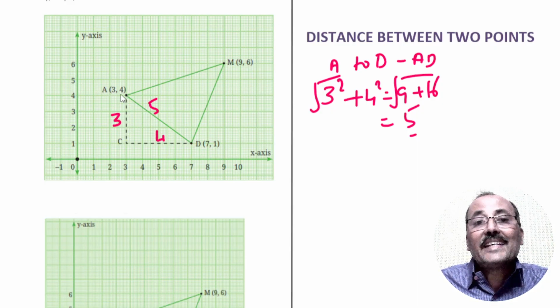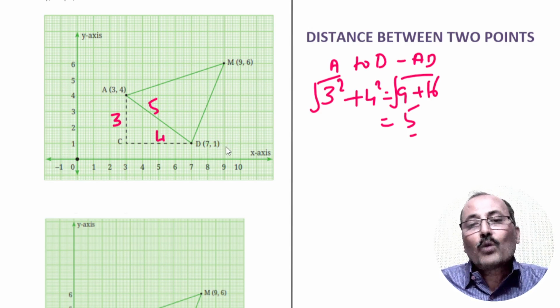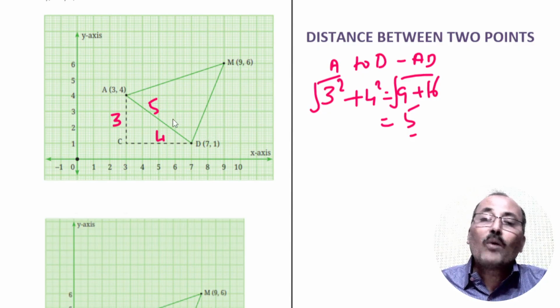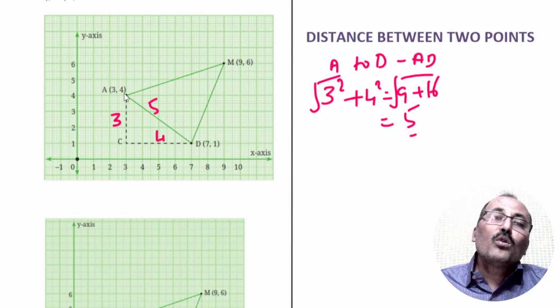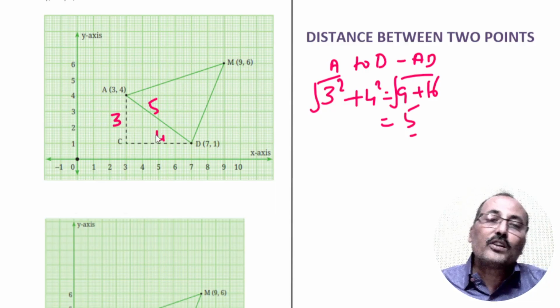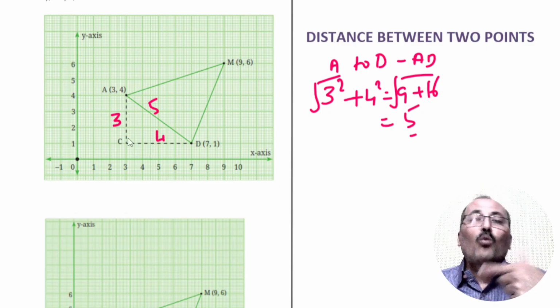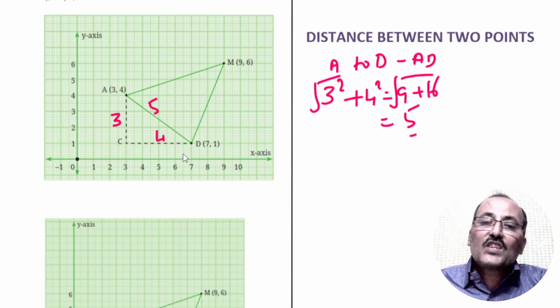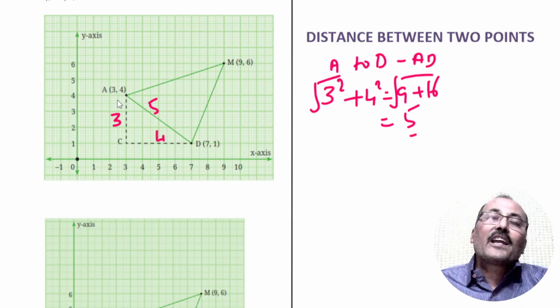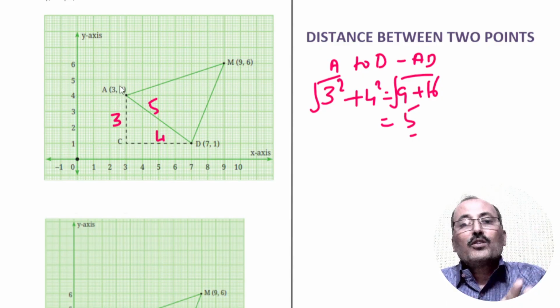That means AD is 5 units. Will it come for 4 and 1? No, it won't. Why? Because 4 is along this side and 1 also this side. In this triangle, X is 4 units and Y is 3 units, and I used these lengths.